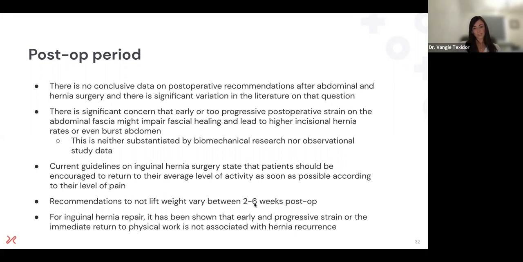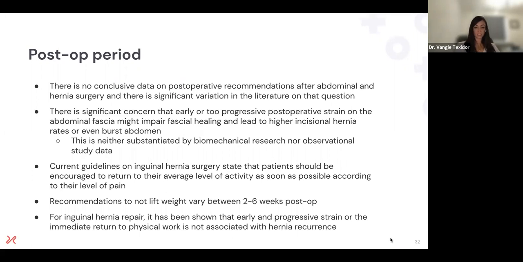So if the patient really works out and is used to a very intense routine, at 6 weeks, tell them to slowly start working their way up. There's no contraindication really. There's no evidence that going back to it is going to increase their chances of recurrence. But at first you're going to have discomfort. So you want to just slowly get back to it and start adding weight or reps to whatever workout or routine you're doing.